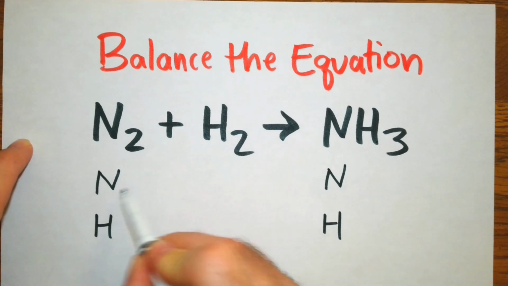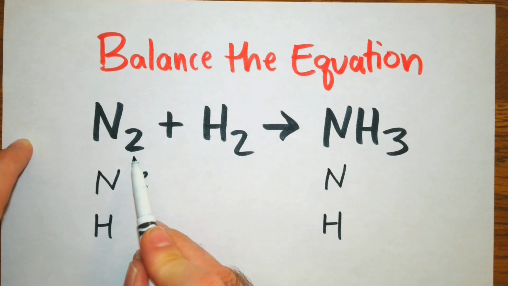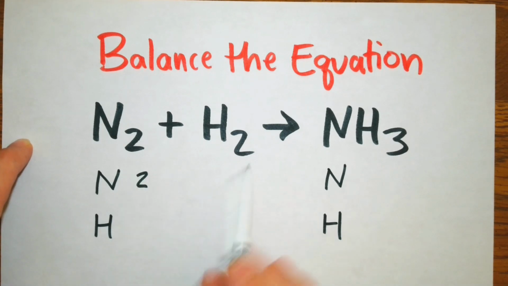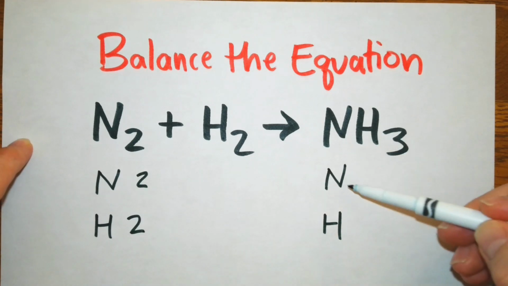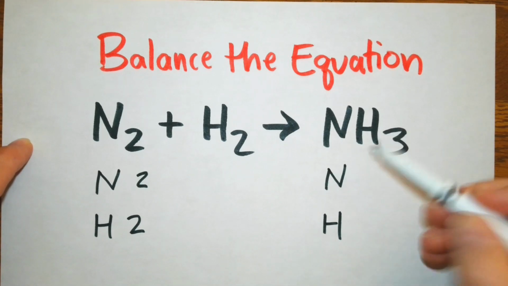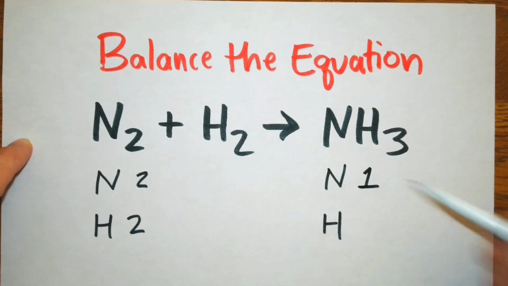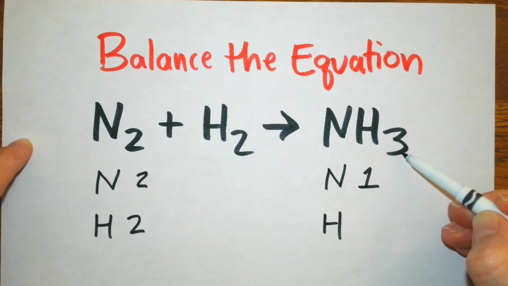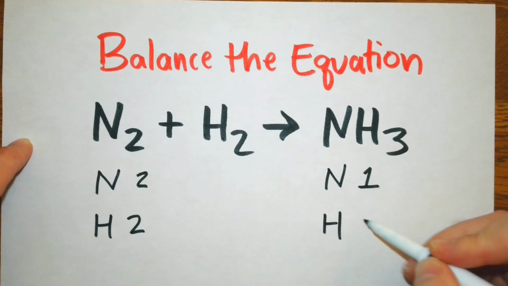So we have two nitrogens because the coefficient of 2 says we have two of those. We have a coefficient of 2 for hydrogen, so that means we have two hydrogens. On the product side of the equation, we have one nitrogen, and the coefficient of 3 says we have 3 hydrogens.